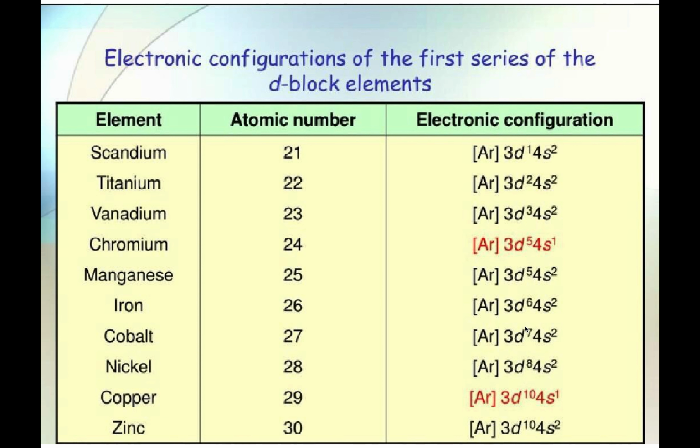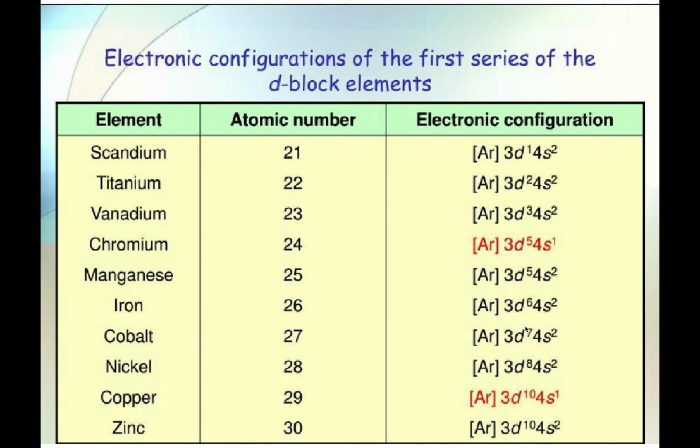You can see that we are all taking the configuration with respect to argon. Till then the configuration is the same, and after that for scandium it is 3d1, 4s2, then titanium 3d2. You can see 3d1, d2, d3 going up, till copper it is 3d10, and for zinc also 3d10.